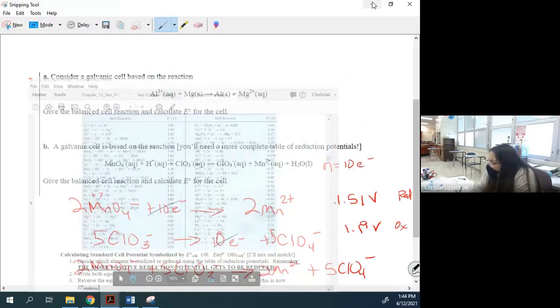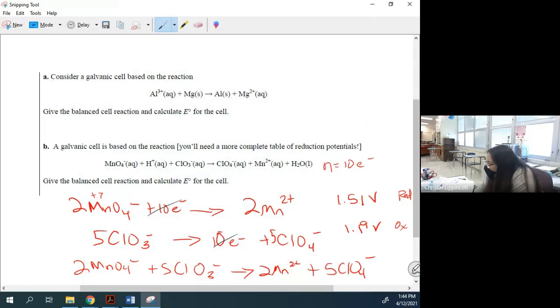All right. Well, it's here. I've given it to you. So we're going to go cathode minus anode. Our cathode is the one that's getting reduced. So that's 1.51 minus a negative. Wait a minute. Did I do that right? They're both positives.